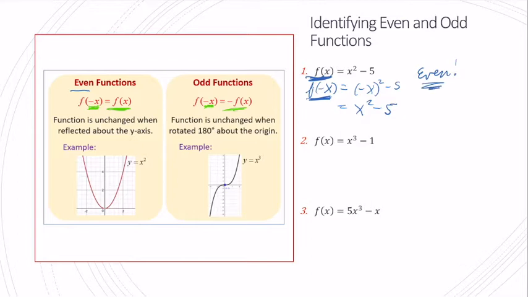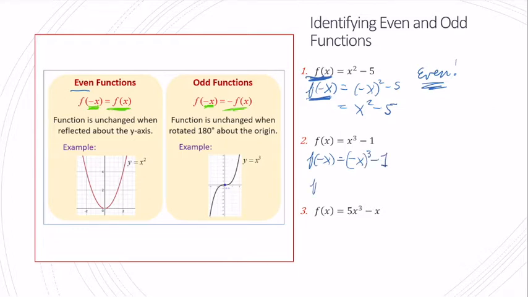It's important to note that not all functions are even or odd. Some are neither. Let's take a look at f of x equals x cubed minus 1. If I plug in negative x, I get negative x cubed minus 1.